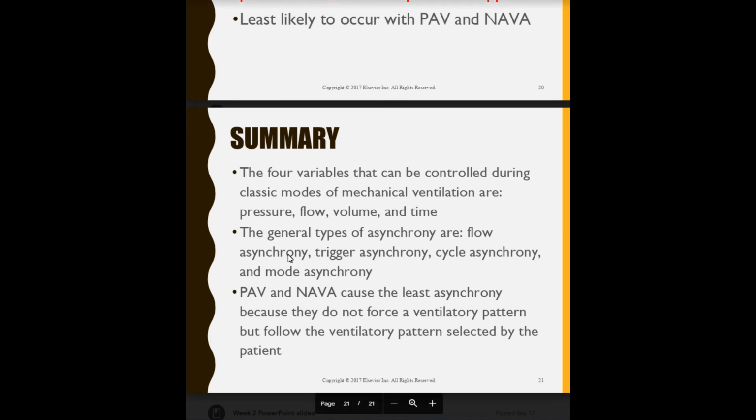Because when I have someone with ARDS, their pressures are going to be higher than our cutoff, which is 30. If they're in the 50s, 60s, I'm going to cause a pneumo. So I will switch them to pressure control, so I can control the pressure, and therefore they're going to be much more comfortable.